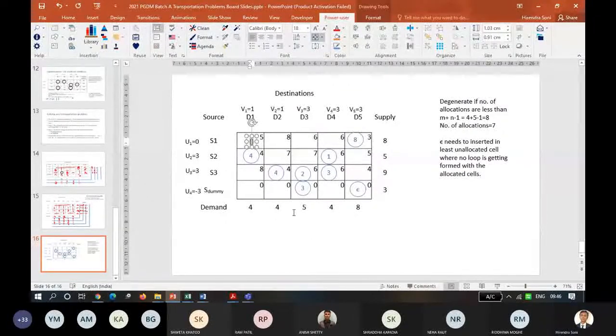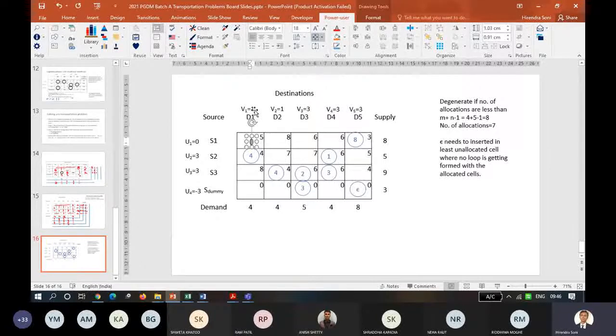So here Cij is 5 minus 0 plus 1. You have to add 0 plus 1, so 1. 5 minus 1, it would be 4.